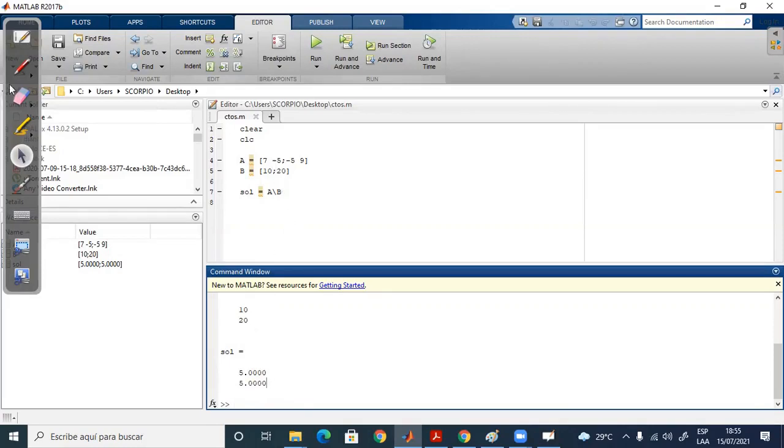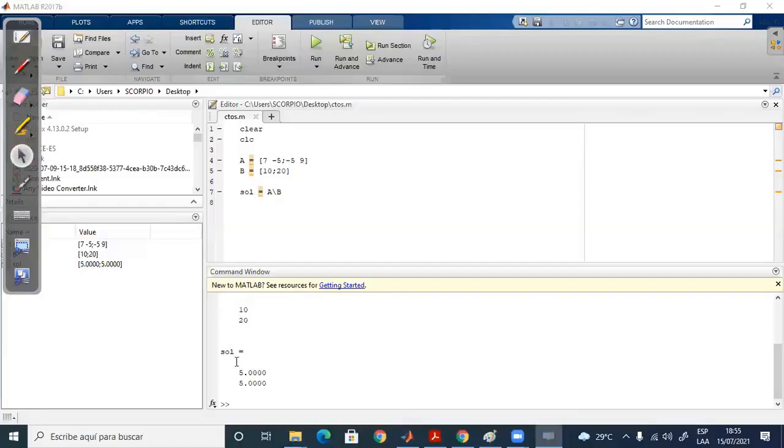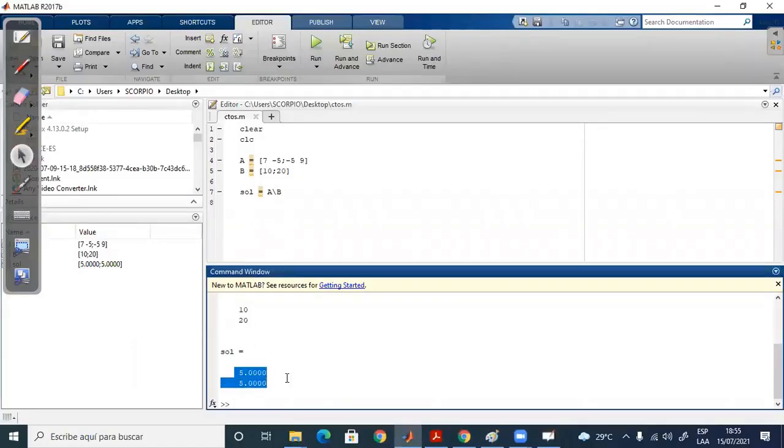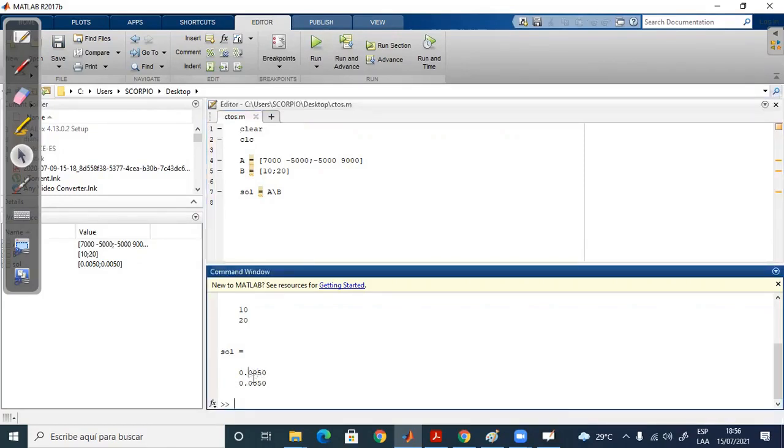But let's remember that this is in terms of K, so here it would be 5 milliamps. This is in milliamps to be more exact. Well, I can put here 7,000, 5,000, 5,000 again, 9,000. And just observe so that you can be careful with that. It is the same, but here in milliamps 0.005.